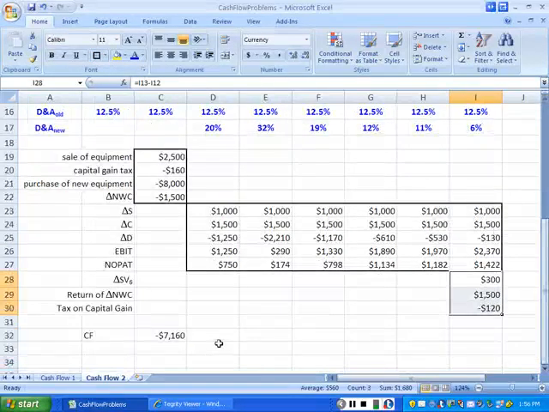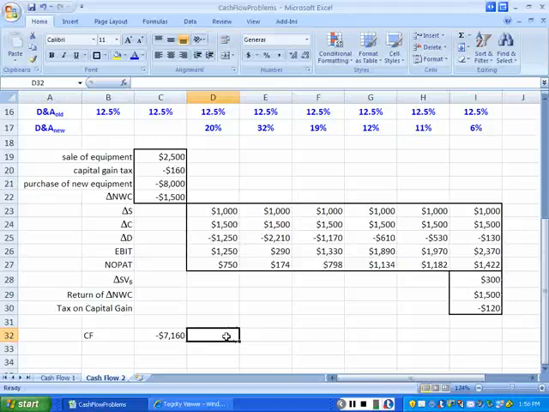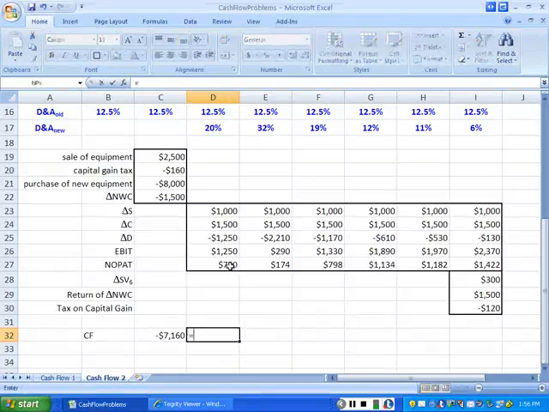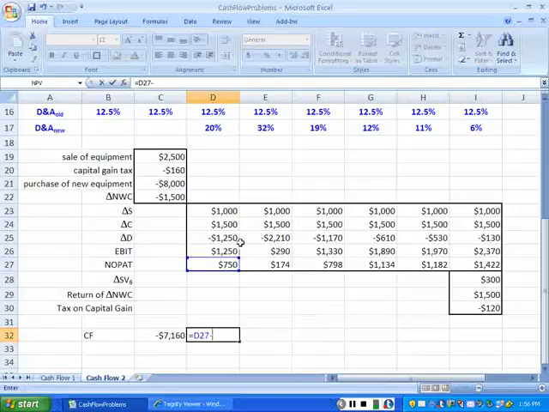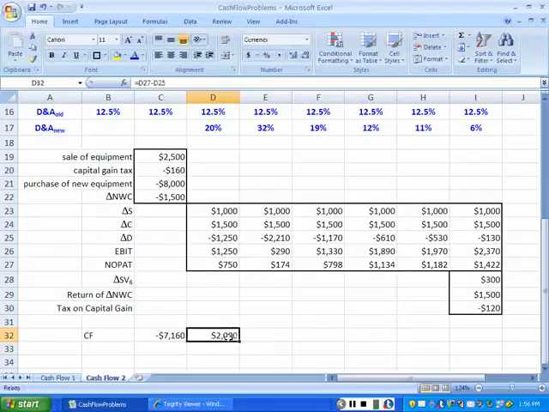So when you put these things together and we want to take a look at what's gone on here, our cash flow is going to be equal to the $750 net operating profit after tax plus our depreciation. So the depreciation, the negative $1,250 that we took out here, we can add back in, giving us actual cash of $2,000.